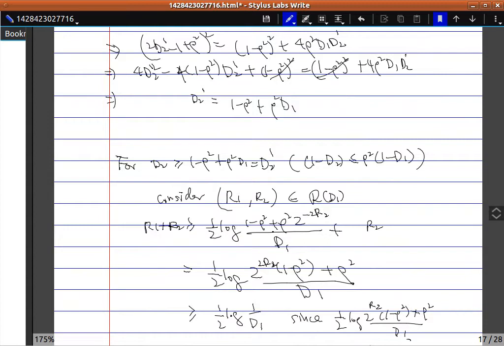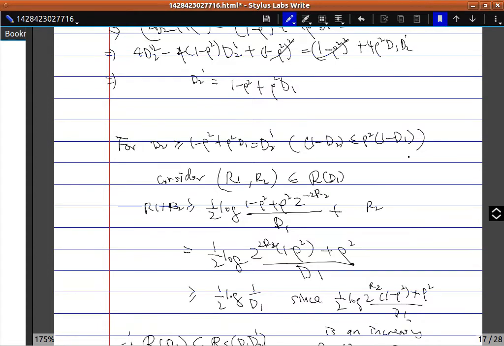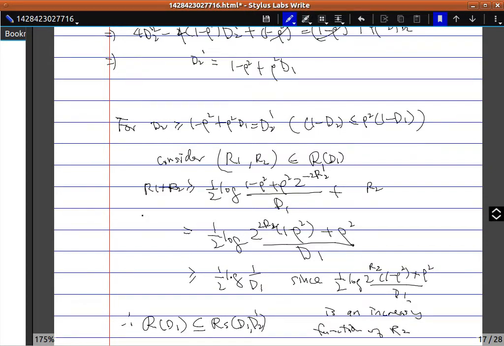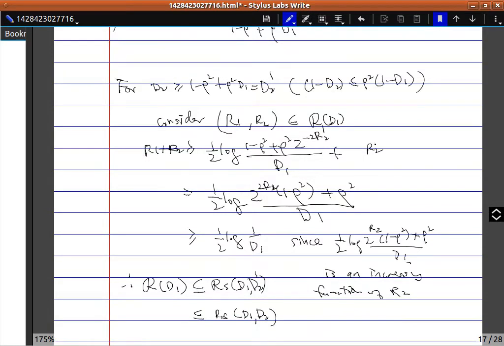Now if d2 is bigger than or equal to this d2 pi, so this condition is satisfied, then if we consider any point inside the rate region of R1 D1, that rate will be bigger than or equal to this one plus this one, right? Because R1 has to be bigger than or equal to this. So these two sum together, I can merge the terms together to get this, something like that.